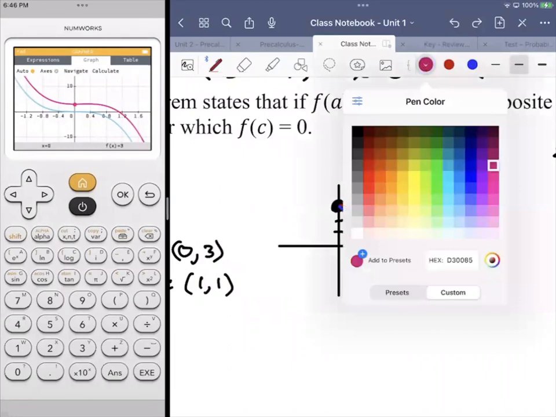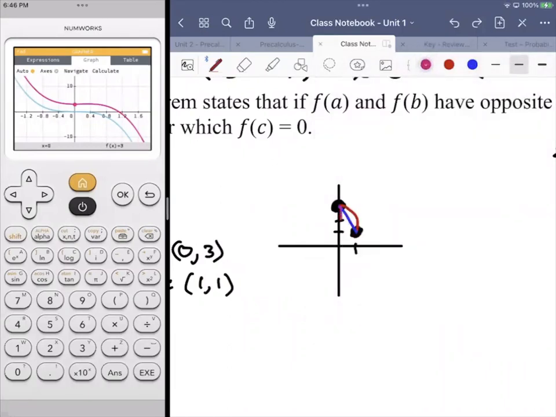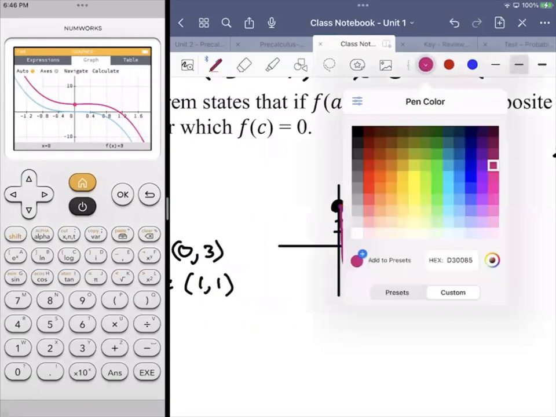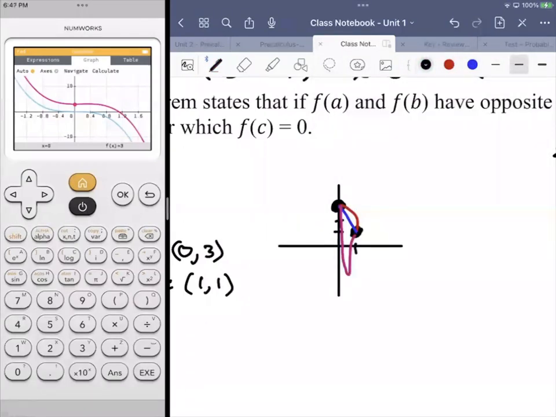It could be something like this. Because I can't confirm that it must be the case that there's at least one x-intercept, I would say no, but it's possible.